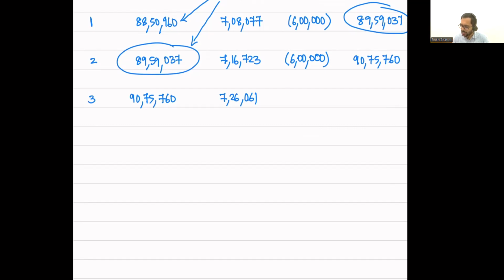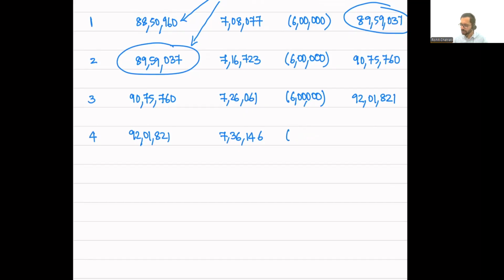I then have a cash flow of 6 lakh rupees that I will pay at the end of the third year, and therefore my closing balance of liability will be equal to 92 lakh 1,821. This will become the beginning balance for year 4. On this, I will calculate 8% interest, which will be equal to 7,36,146.